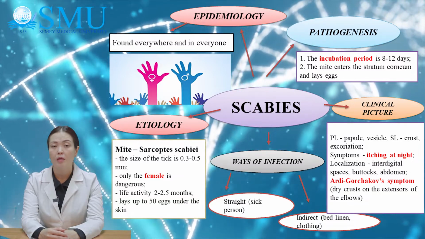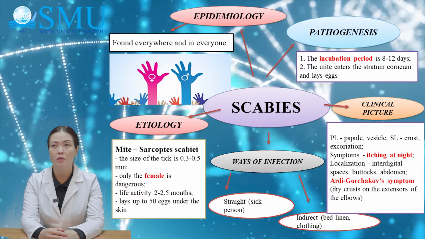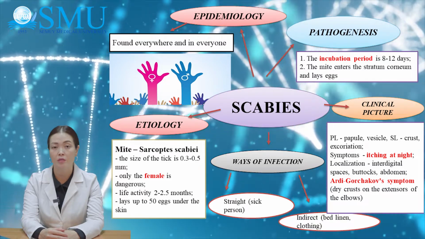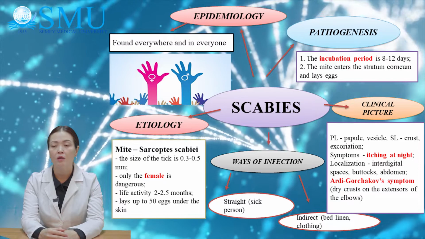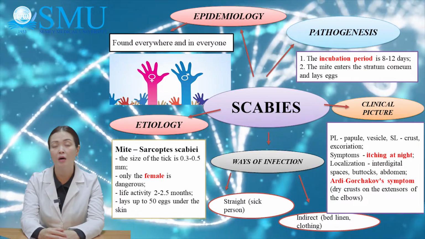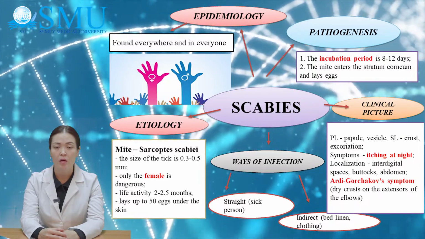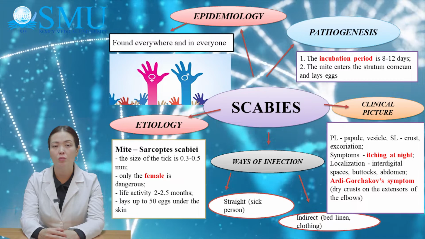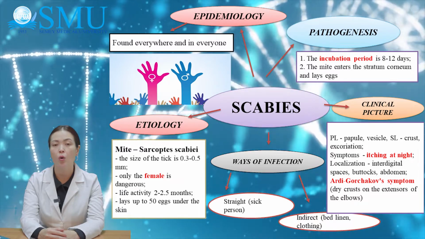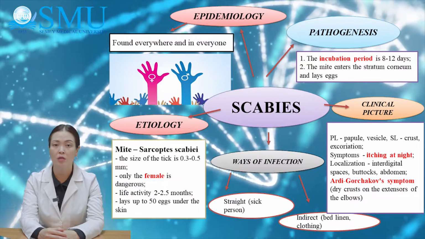Why? Because Sarcoptes scabiei is an insect which has a specific biorhythm. What does biorhythm mean? For example, for us, the normal biorhythm is that we wake up in the morning, we are active all day, but at night we want to sleep. The normal biorhythm for Sarcoptes scabiei is that the whole day she sleeps and only wakes up at night and starts moving.